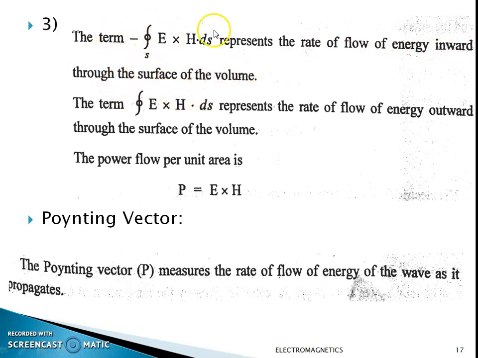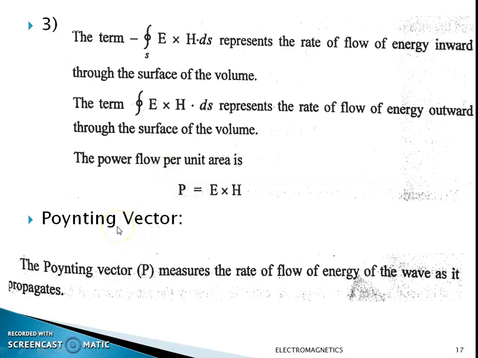The energy flowing inward is taken with the minus symbol, and the term surface integral E cross H ds represents the rate of energy flow outward from the surface of the volume. Flowing outward is taken as positive. So the total power flow within that area is P is equal to E cross H. This is the Poynting theorem.